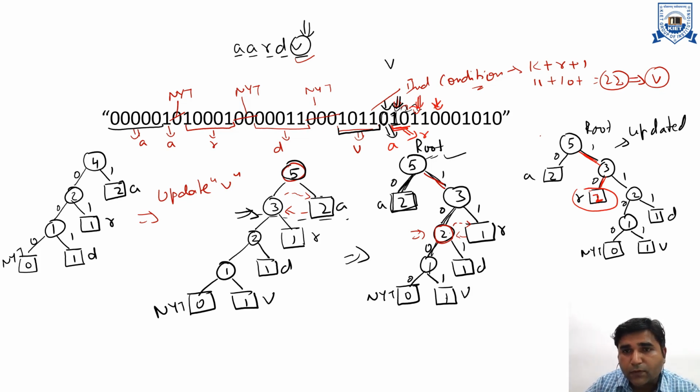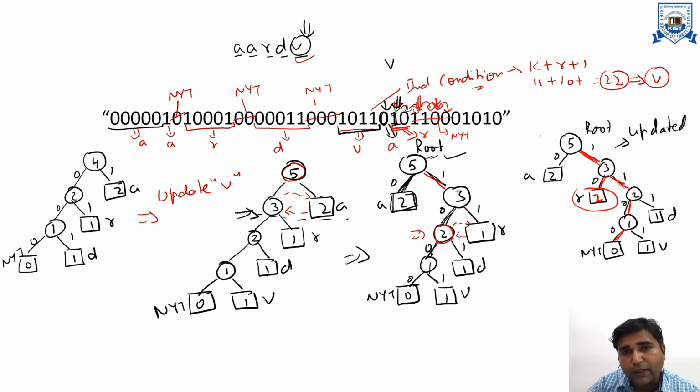So by traversing from root node to 1 we get 3, then again traversing 1 we get again 1. Okay, then by traversing 0 we get here 0, and again traversing 0 we get the NYT. So by traversing from root to NYT, 1 1 0 0, these 4 bits 1 1 0 0 denote NYT.